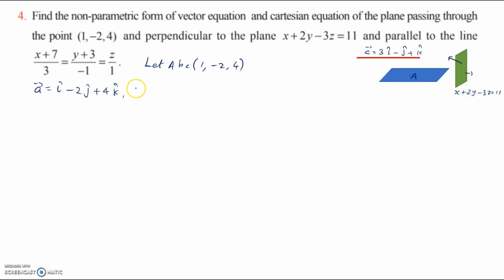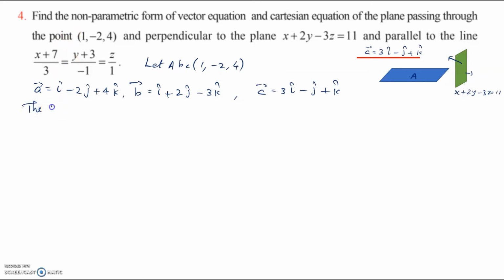Then we have our vector B, which is going to be the perpendicular to this plane, defined as i cap plus 2j cap minus 3k cap. That's our L, M, N here. Then our vector C, which is parallel, is defined as 3i cap minus j cap plus k cap.